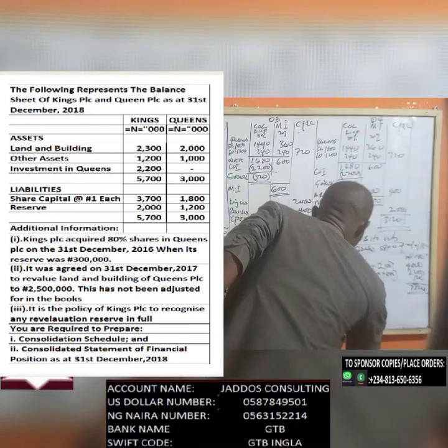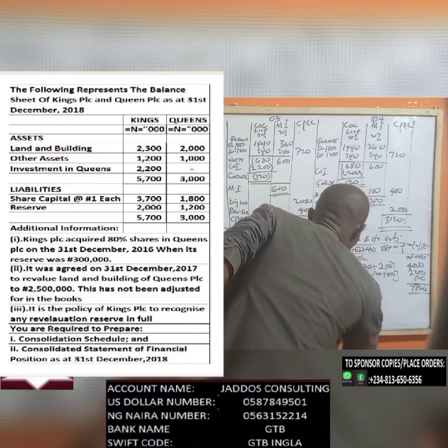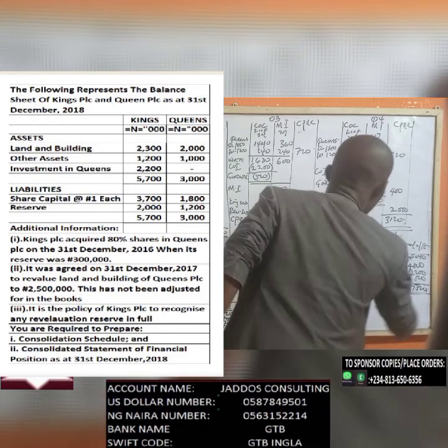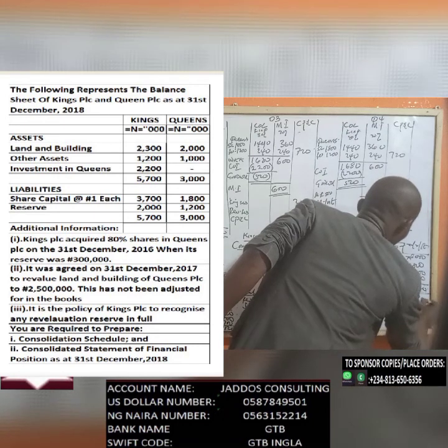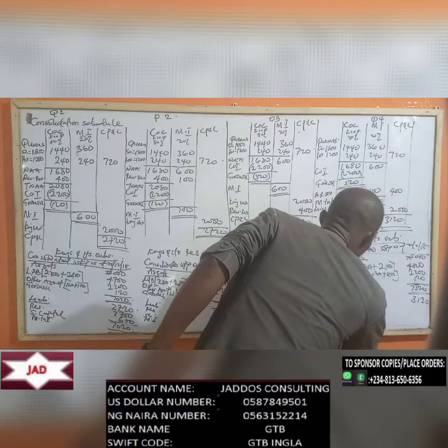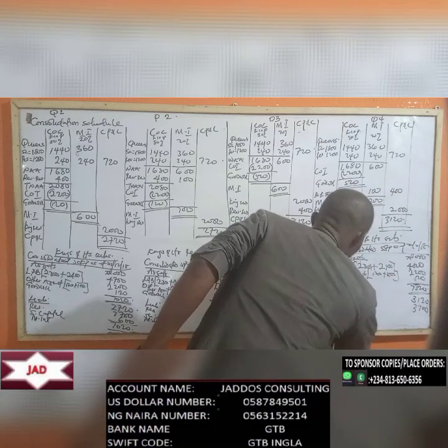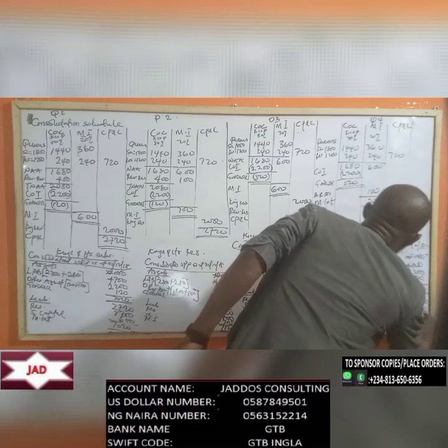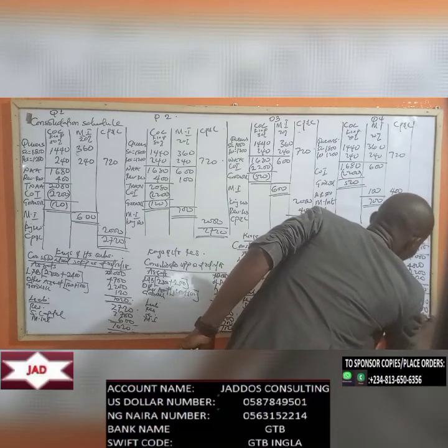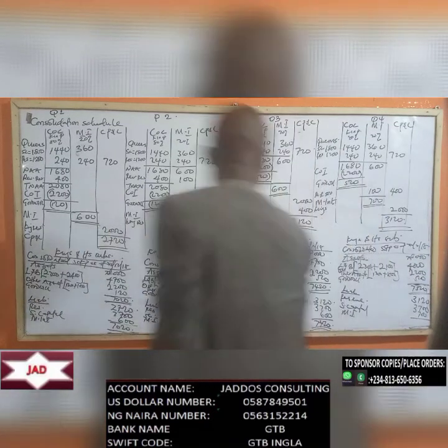What are our liabilities here? Reserve. What are reserve? 3,120. What's the share capital? The same thing. 3,700. What's the minority interest? 700. So when you add up, what do you have?